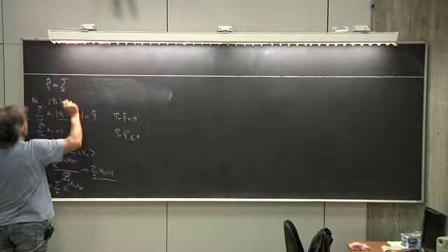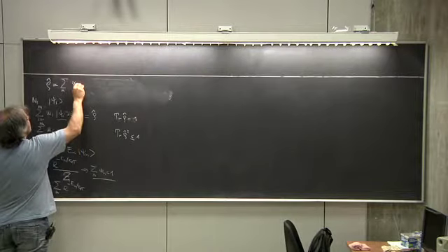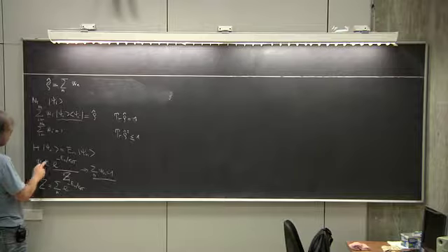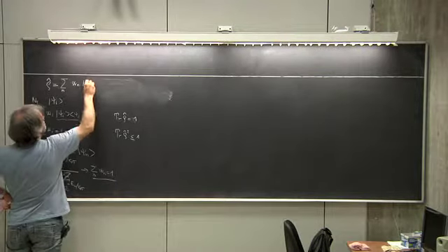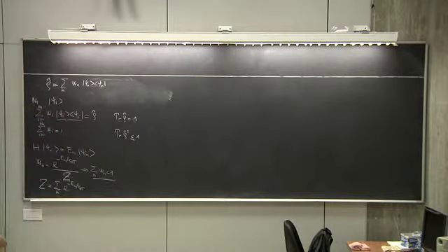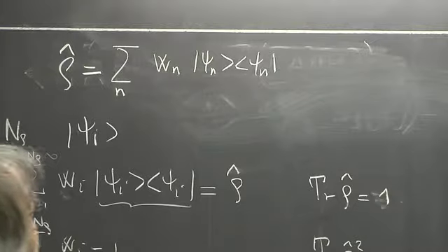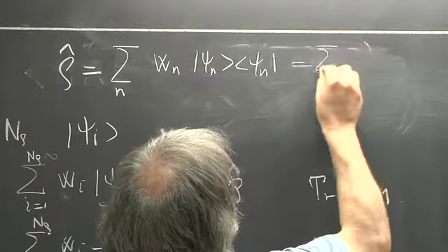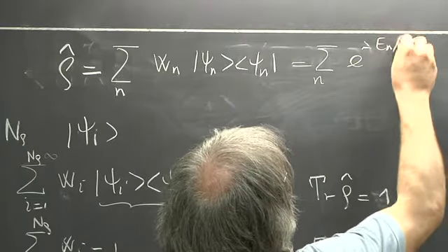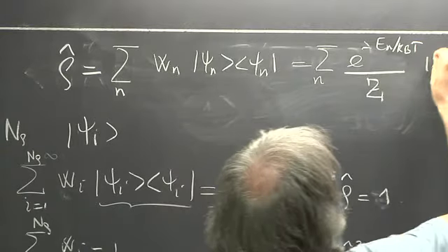You have to sum over all eigenstates, W_n times the projector on the state psi n, where W_n is this thing. And so I could write this as the sum over n of e to the minus E_n over k_B T over Z, times the projector.